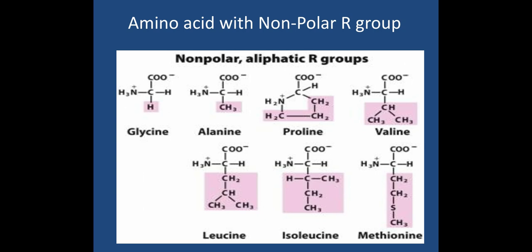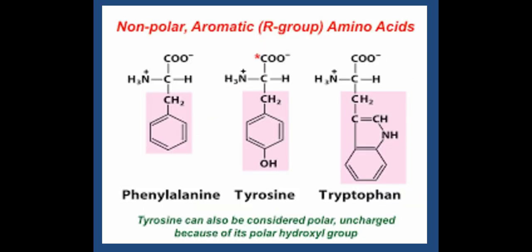First we see amino acids with non-polar aliphatic R group, and this includes glycine, alanine, proline, valine, leucine, isoleucine and methionine. Now the non-polar aromatic amino acids include phenylalanine, tyrosine and tryptophan.